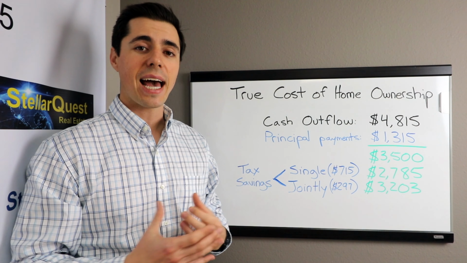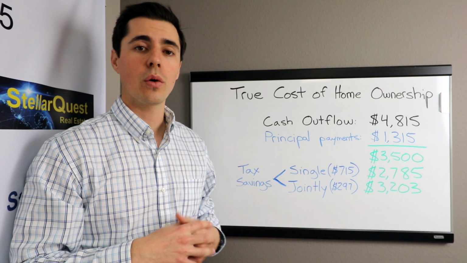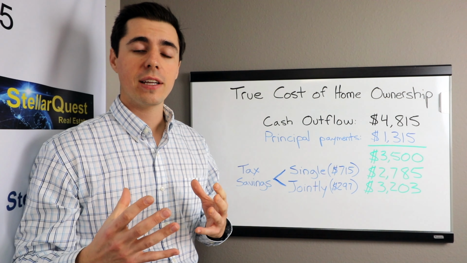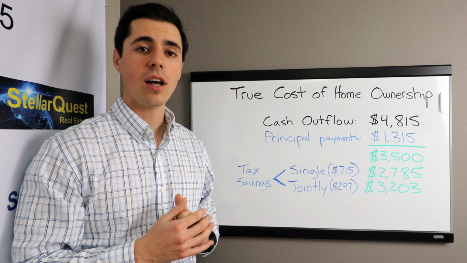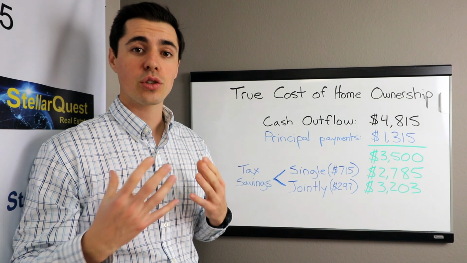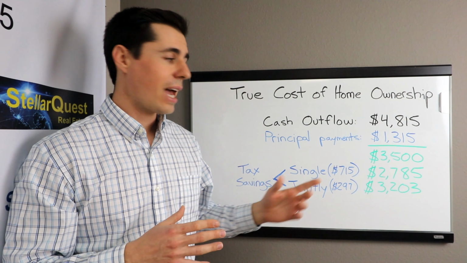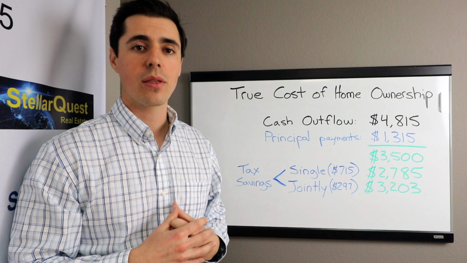Then we're going to take the tax savings we would get and subtract that as well. So for somebody filing singly, their monthly tax deduction would amount to $715. When you subtract that from the $3,500, you get the true cost of home ownership for somebody filing singly at $2,785 a month.